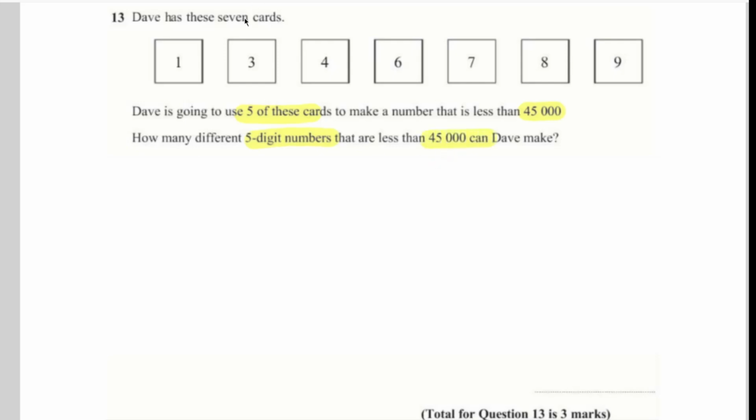So we need to make 5-digit numbers which are less than 45,000.